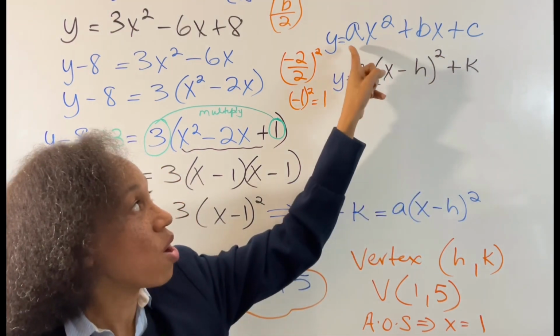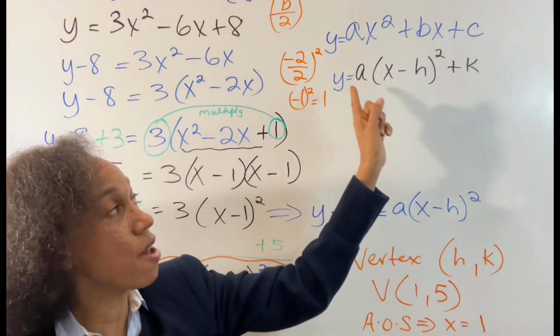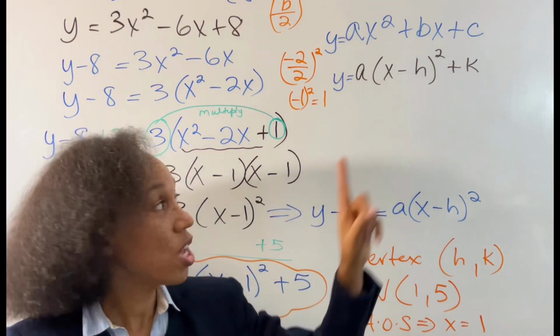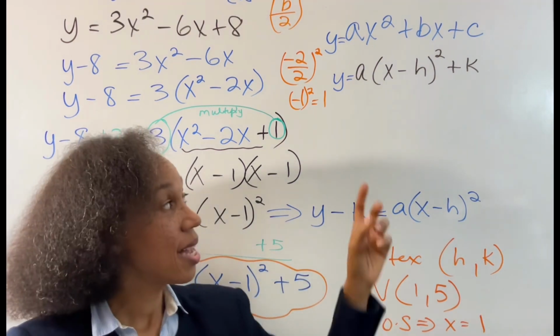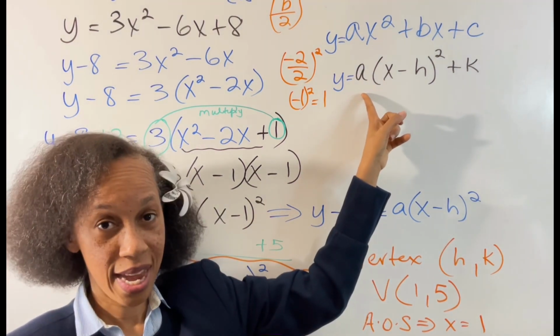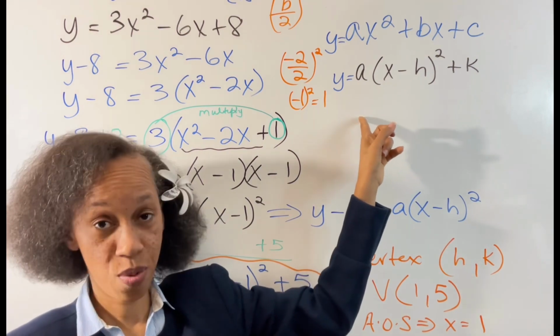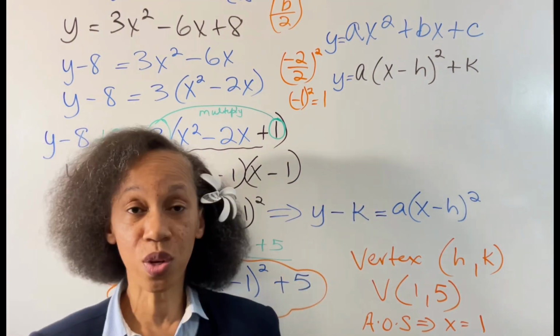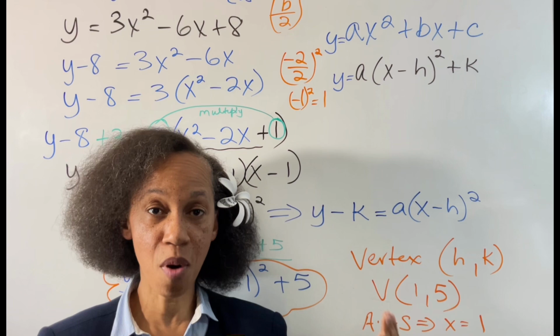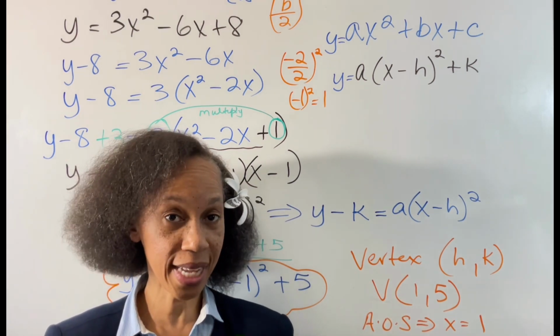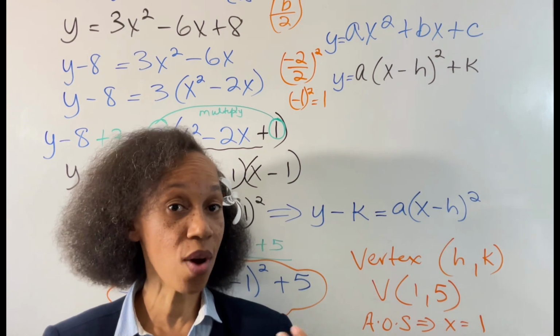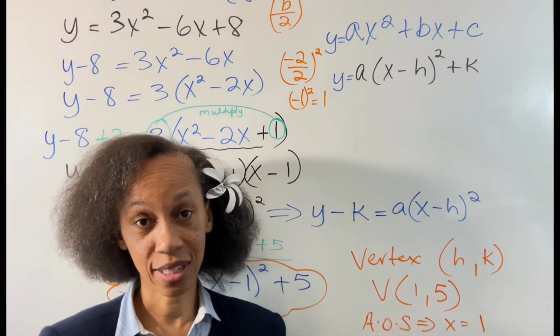Now your a would be your a value here. If a is 1, you're not going to have a number here. Whatever value that a is, you're going to find it right here in front of your equation. You will also notice that from the vertex form of the quadratic equation, you can identify your vertex, and you can also identify your axis of symmetry.